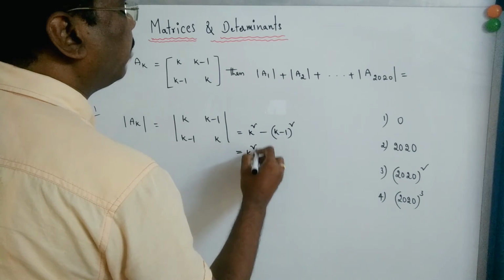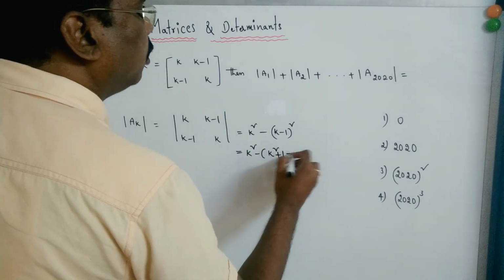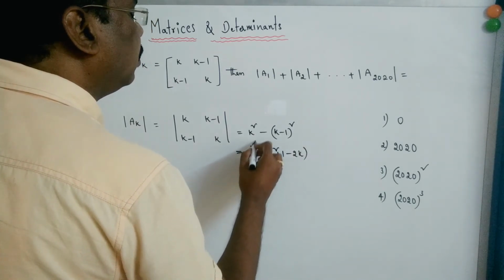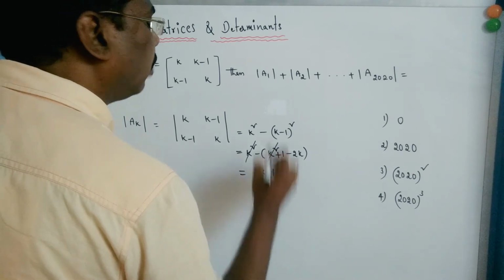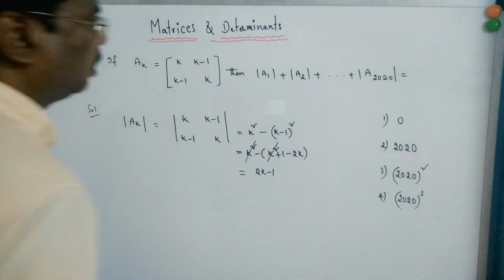Now K square minus K square plus 1 minus 2K. Okay, now K square cancel, 2K minus 1. Det of A K value is 2K minus 1.